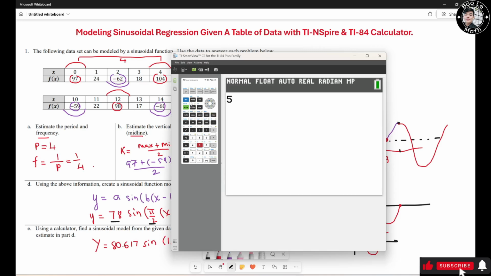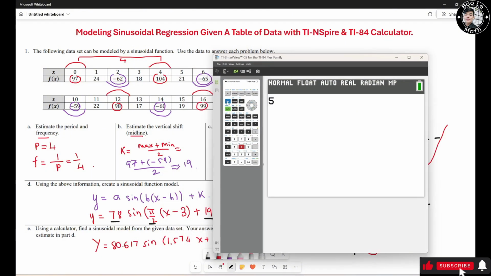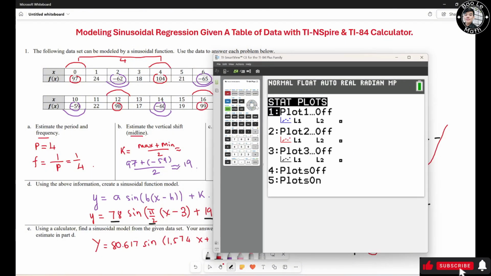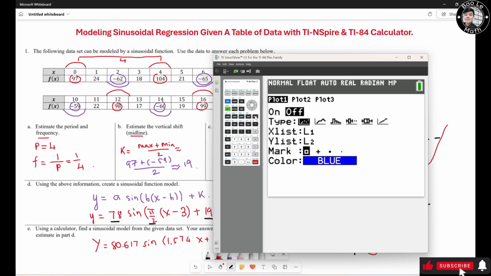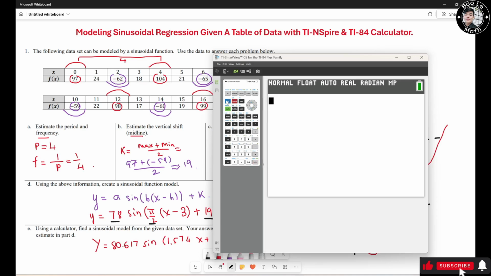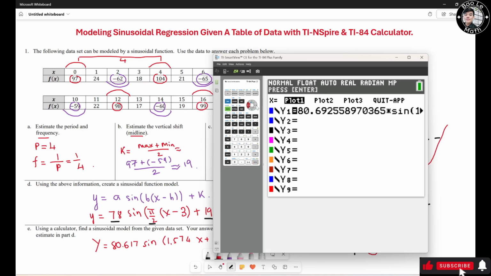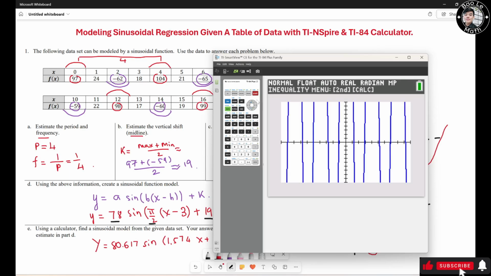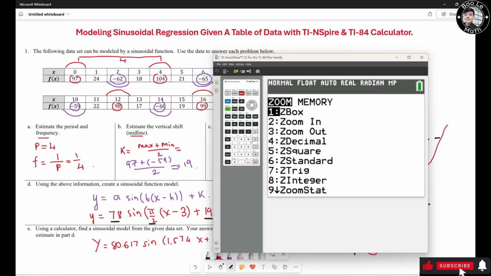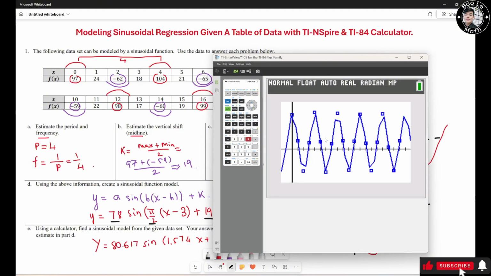Now if you want to see the graph, you just hit second, stat plot, number 1 right here, you need to turn this on. Y equals right here. So just hit graph, and it's gonna be something like this. Now you're gonna hit zoom 9 to see the graph. So here's what the graph looks like, right?